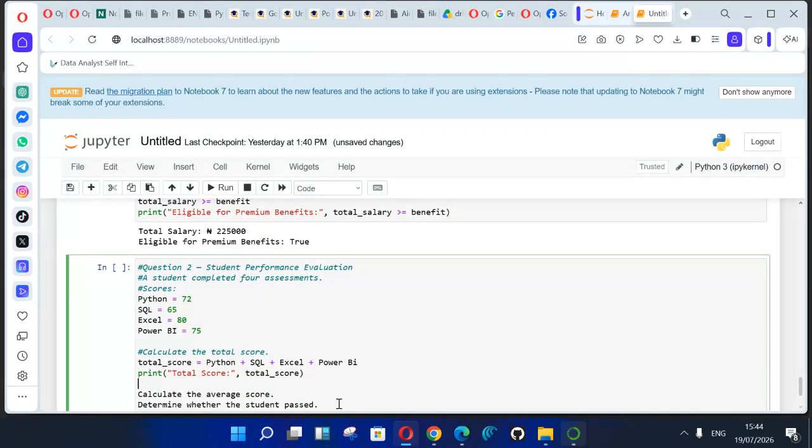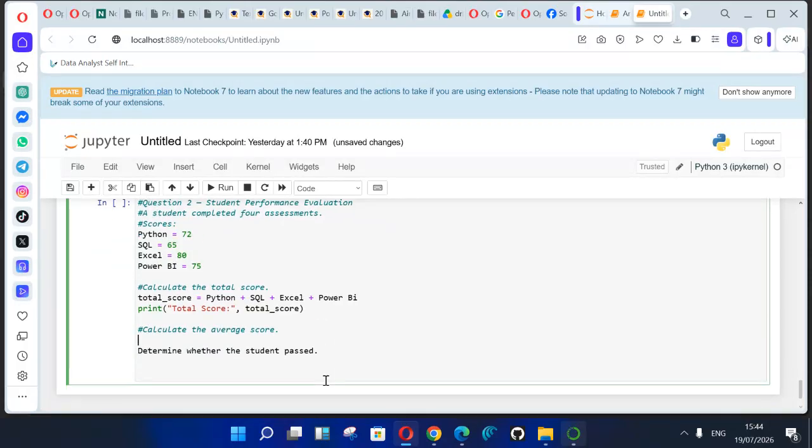So let's answer the second question, which is calculate the average score. I know there should be an aggregate function in Python just like SQL, but we are not there yet. So we are just going to calculate it manually.